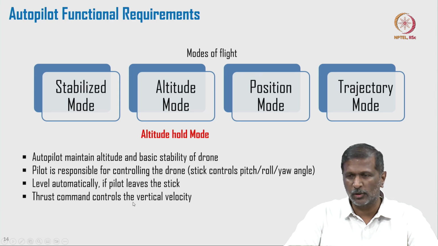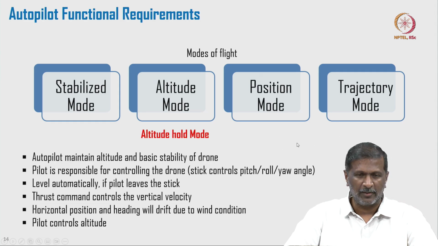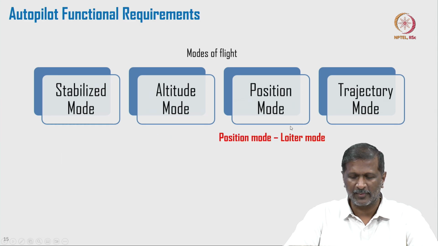The thrust command controls the vertical velocity rather than the direct thrust. Horizontal position and heading will drift due to wind conditions. The pilot has to use the stick to correct. The pilot controls altitude too, but this is a lesser load when compared to stabilized mode.